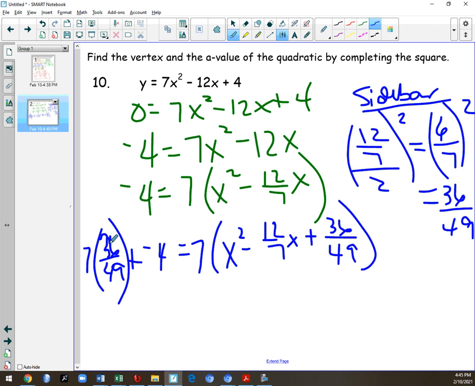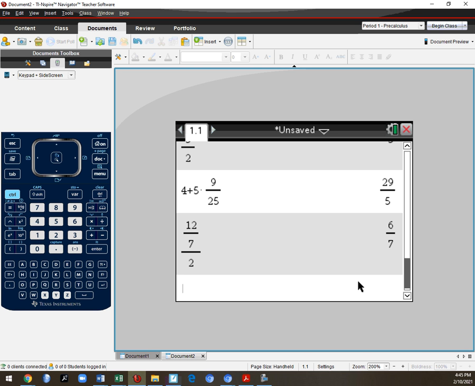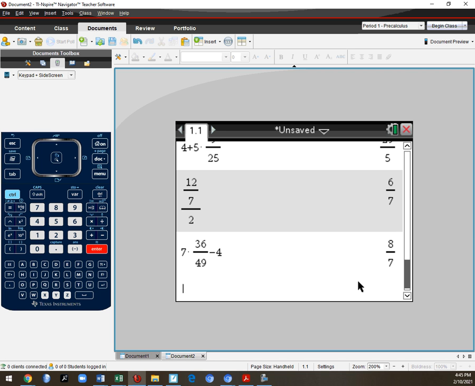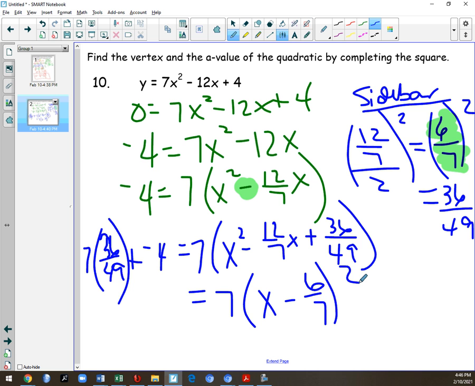Okay. So on the left-hand side, I have 7 times x minus 6/7, and the sign with the 6/7 is what goes in there. And then on the right-hand side, I'm going to type in my calculator 7 times 36 divided by 49 minus 4. And hit enter, and that gives me 8/7.